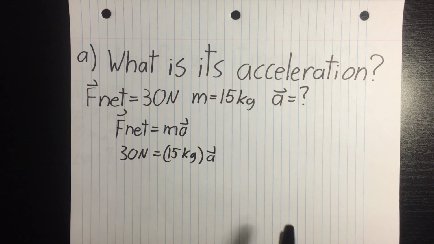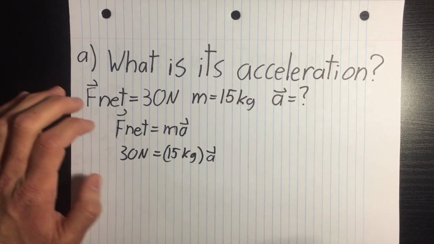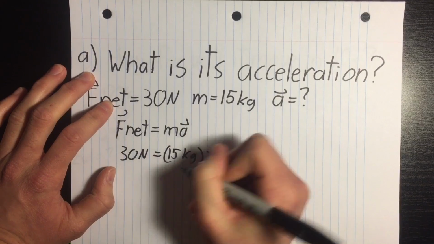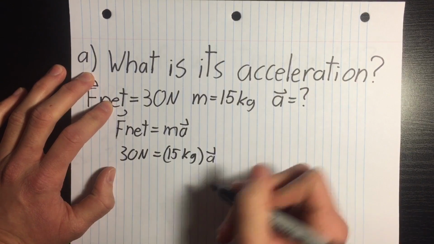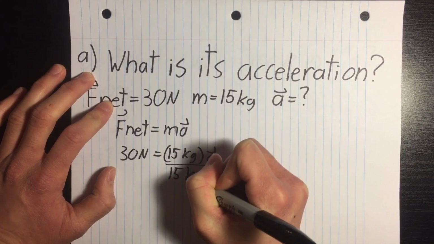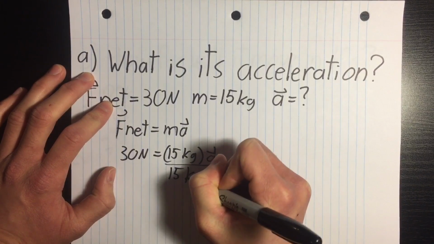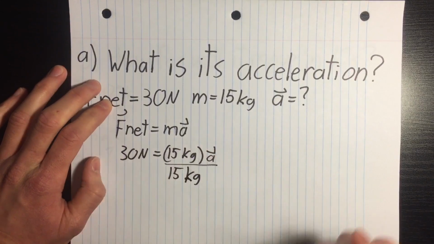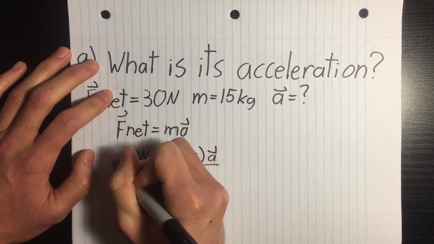Now to find acceleration, we need to get a by itself, so we're going to divide 15 kilograms times a by 15 kilograms. What we do to one side, we do to the other.